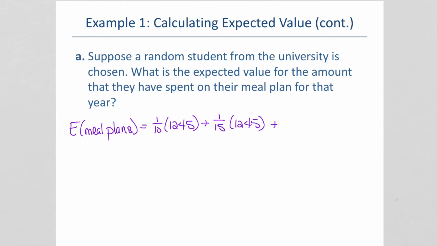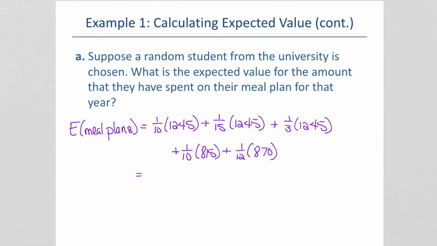And then for the third, that was 1 in 30 with a price of $1,245. For the fourth, 1 in 10 get this plan for a price of $815, and 1 in 12 get the last plan for a price of $870.